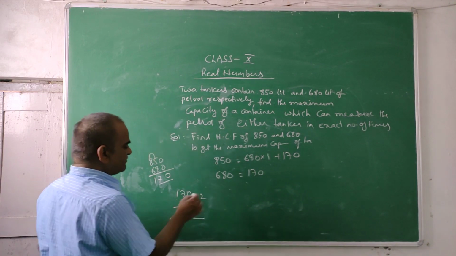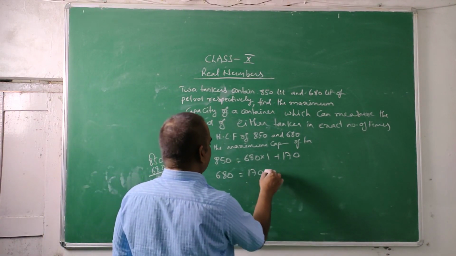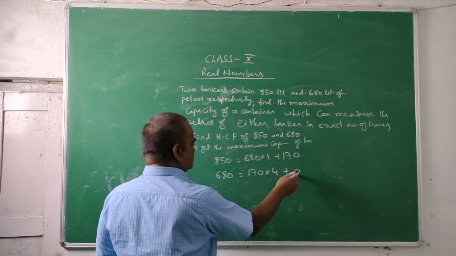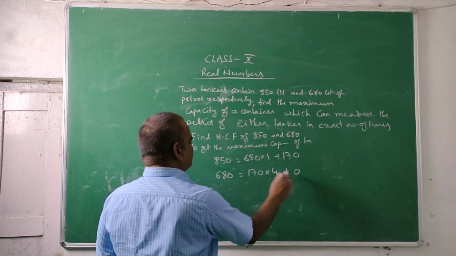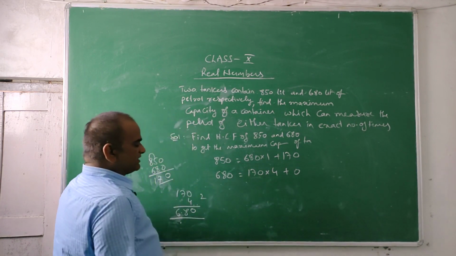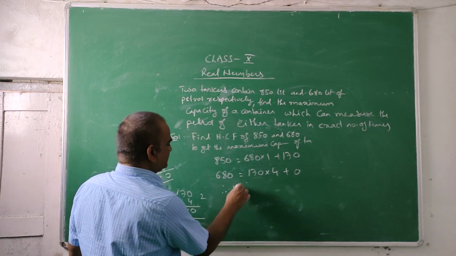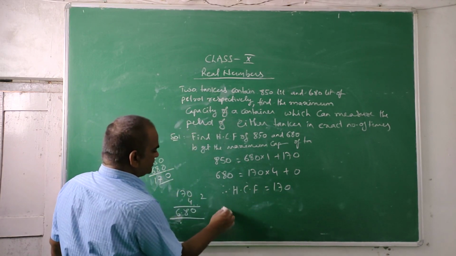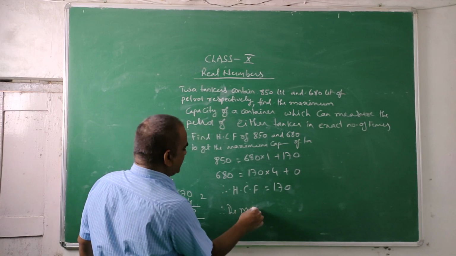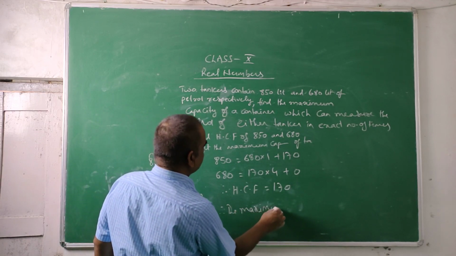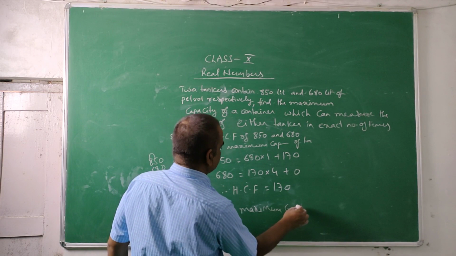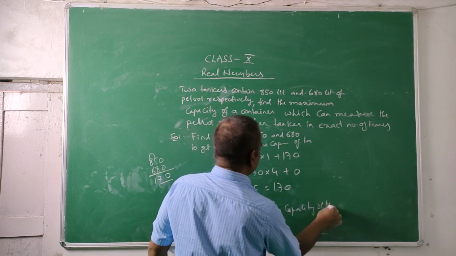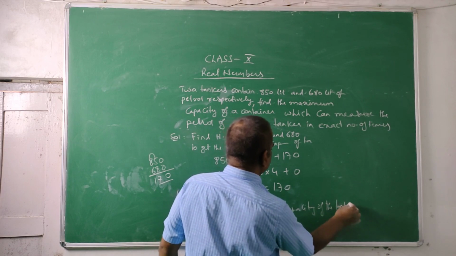So you are getting 680 exactly. So 170 into 4 plus 0. So in this step only we got 0. So in this step the divisor is the HCF. Therefore the HCF is 170. Therefore the maximum capacity of the tanker is 170 liters. This is all finished.